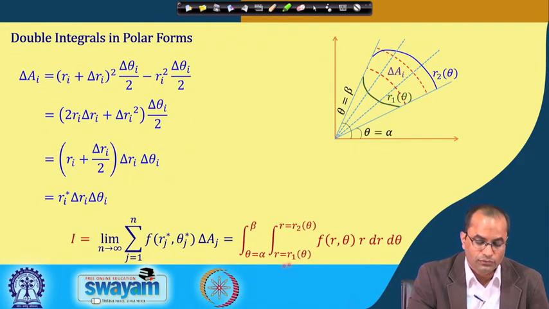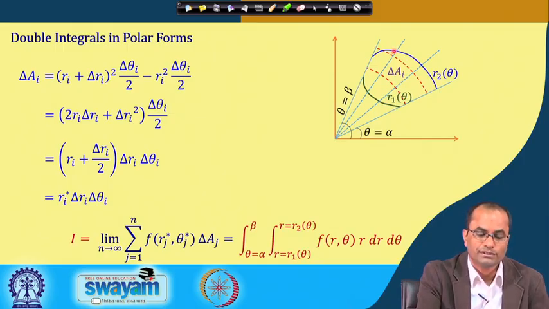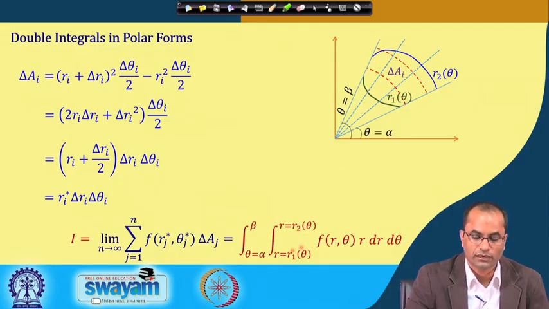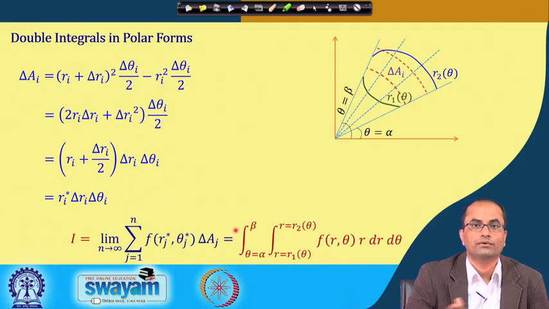And now we have to consider the limits for this domain, which are given in the polar form. So, it is very easy. For r, we are entering the domain from r_1(theta) and exiting the domain at r_2(theta), and theta varies from the angle alpha to beta.